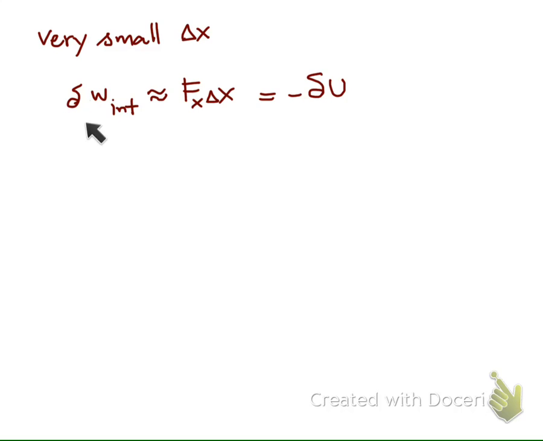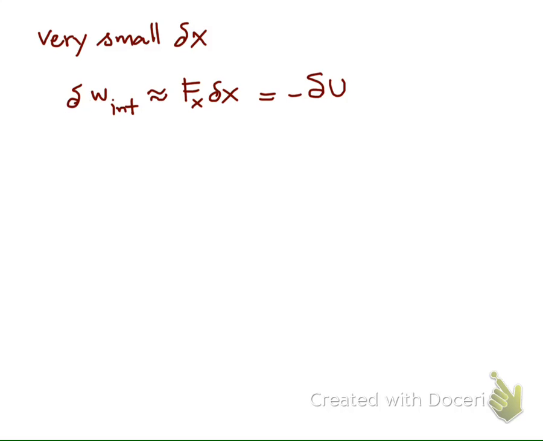This means that this is the work from the very small displacement delta x, and I change the notation for the delta x too, to make it the same. This symbol is a small delta. The triangle is a big delta.